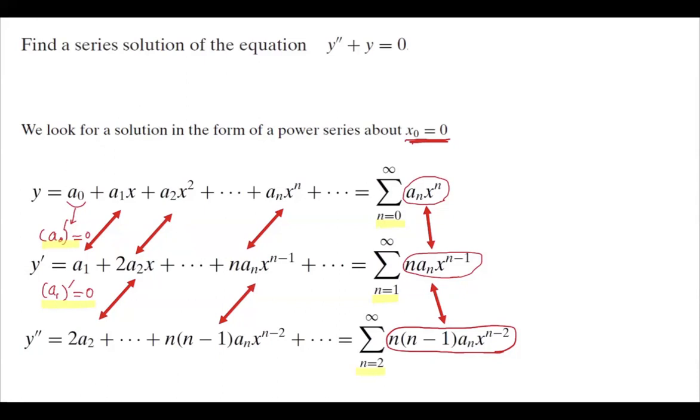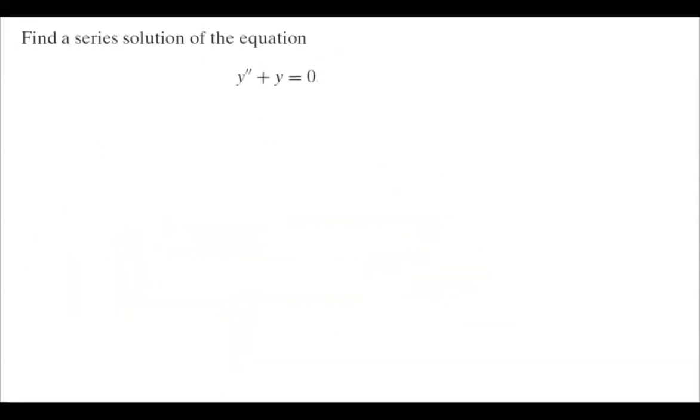Okay, we found the derivatives. Now we need to substitute them back into the differential equation and simplify as much as we can so we can find the recursion. The second derivative of y, as you saw, is 2 a sub 2 plus the rest of the terms, n times n minus 1, a_n x to the power n minus 2, which can be written in compact form as the summation of n times n minus 1, a_n x to the power n minus 2.